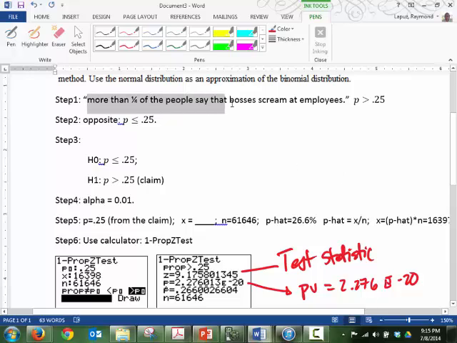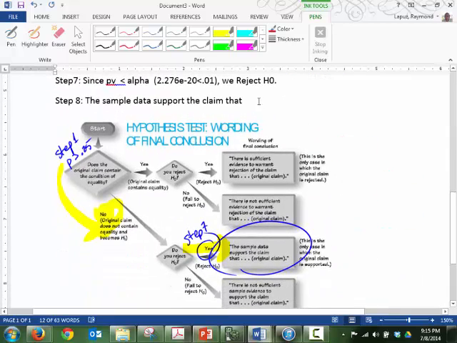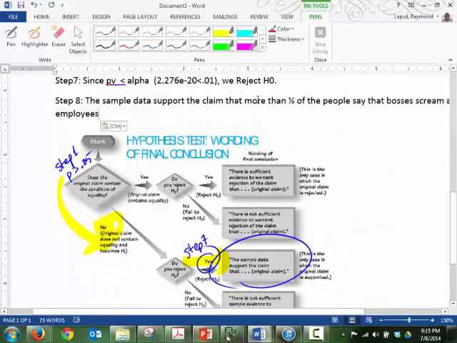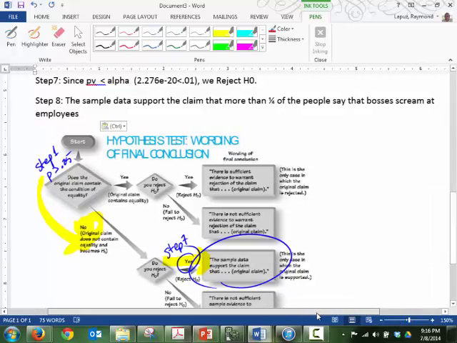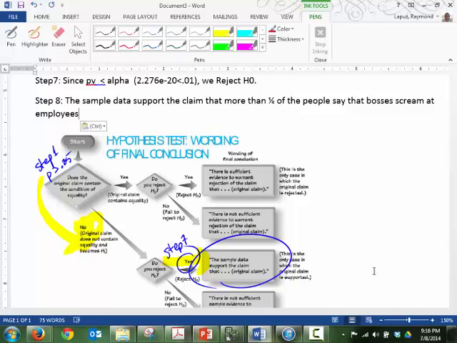More than 1/2 of the people. And just copy exactly word for word what the claim originally was, and then that's all good. Non-technical terms, and you're using the same wording as what was in the problem.